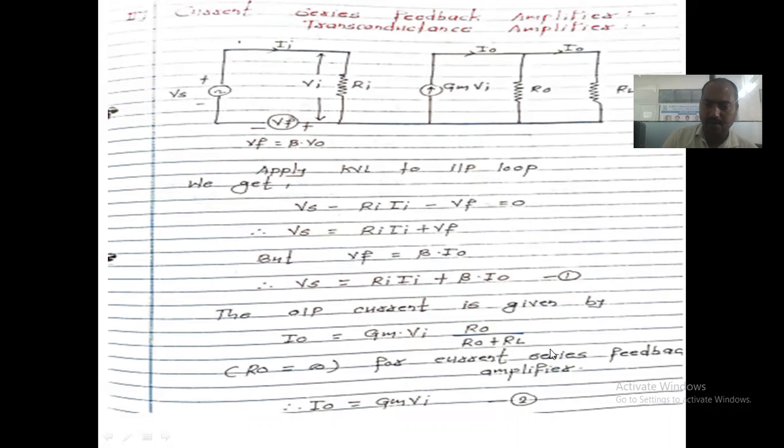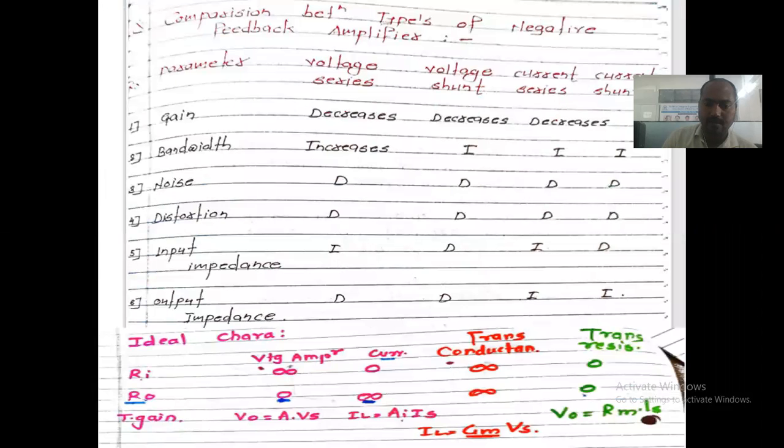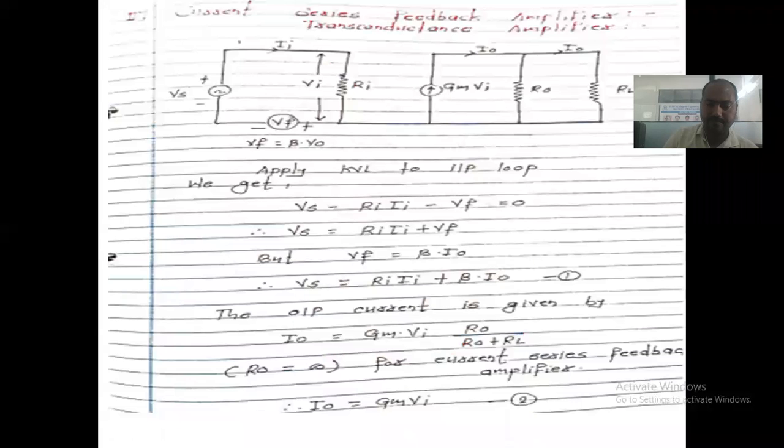But when we discuss the same thing with respect to the current series type of feedback, in that case, R0 should be infinite. In case of current series feedback, R0 should be infinite, right?